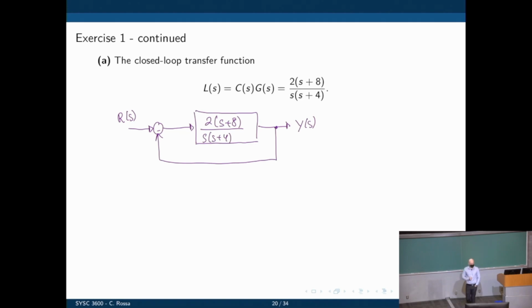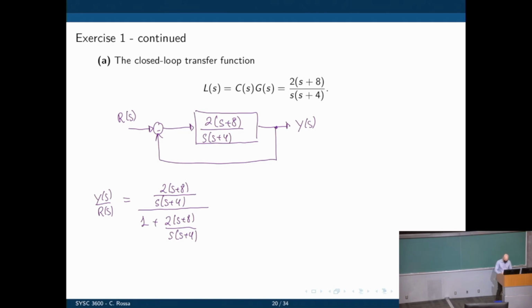The first question is to find the closed loop transfer function. So this is easy. We have Y of s divided by R of s. That is 2s plus 8 divided by s plus 4, all divided by 1 plus, because it's a negative unit feedback loop, the same term, 2s plus 8 over s plus 4.